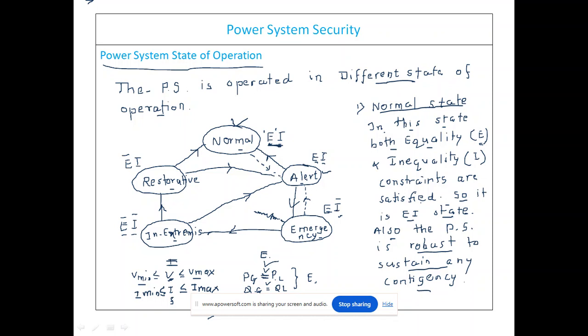If any contingency takes place, meaning some fault takes place, then you can switch to the emergency state. And if some corrective actions take place, then from the alert state we can switch to the normal state also. Okay, so this is the second state of operation.